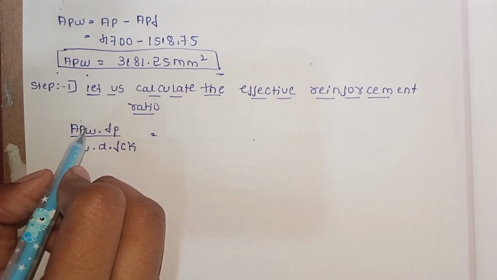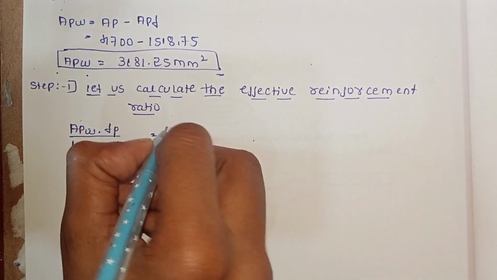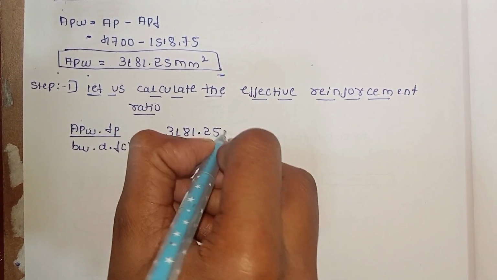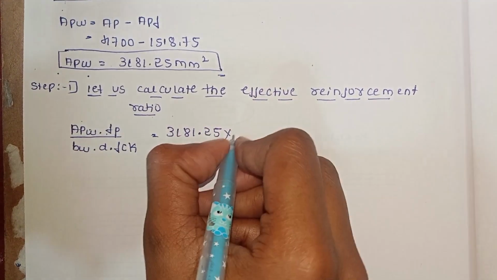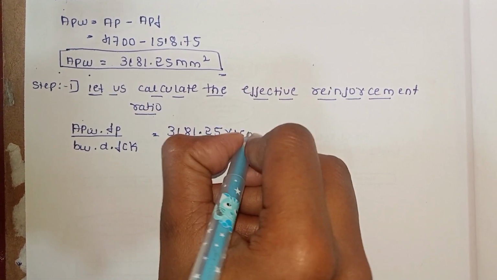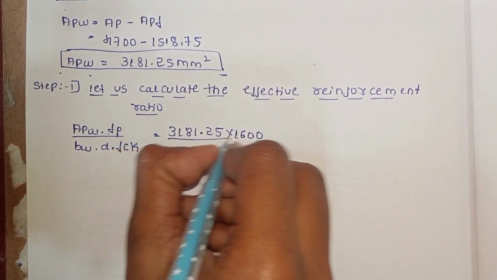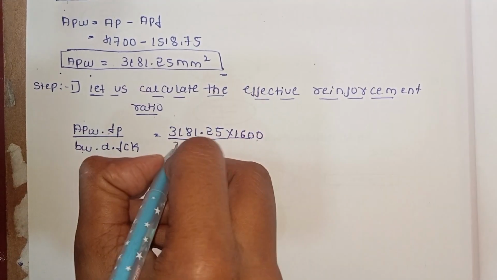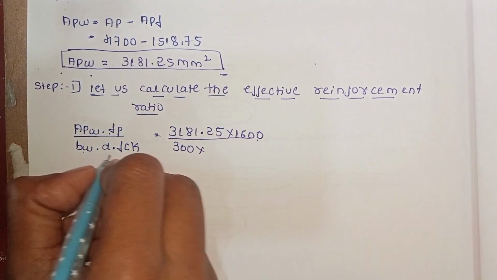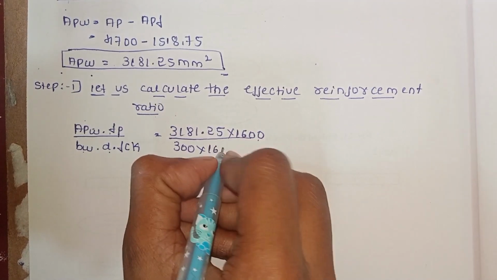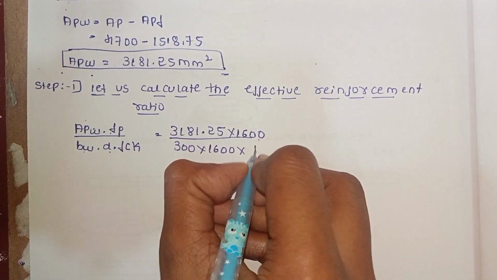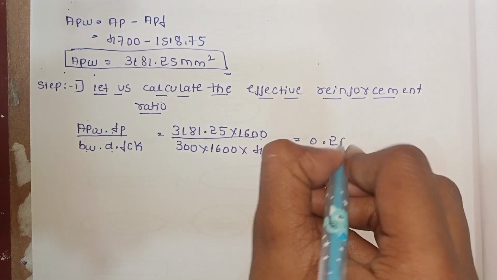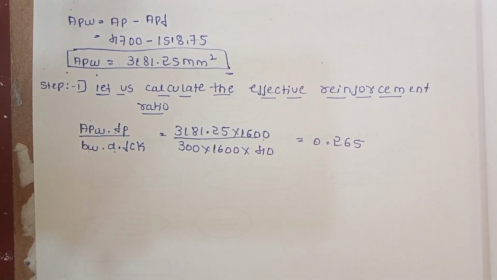APW is 3181.25, into FP value given in the question, 1600, divided by BW, the width of the web, 300, into D, the effective depth, 1600, and FCK value given in the question, 40. Now we got the answer as 0.265.